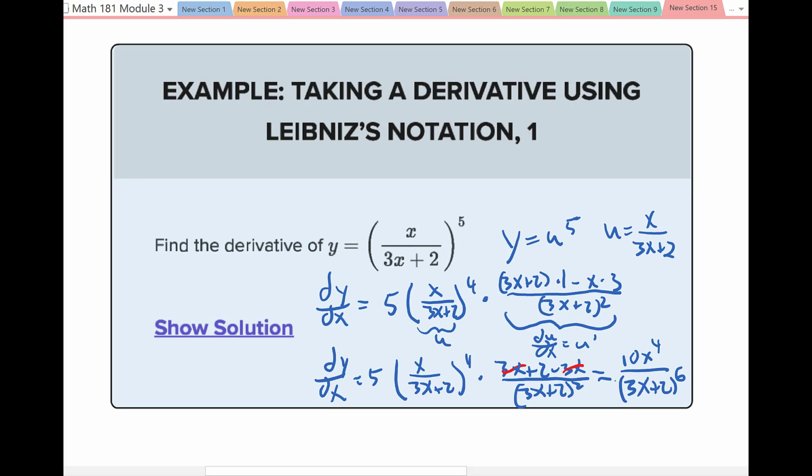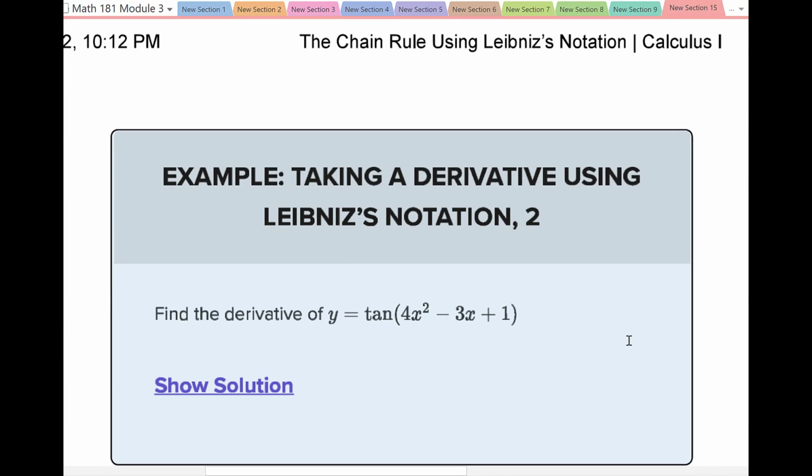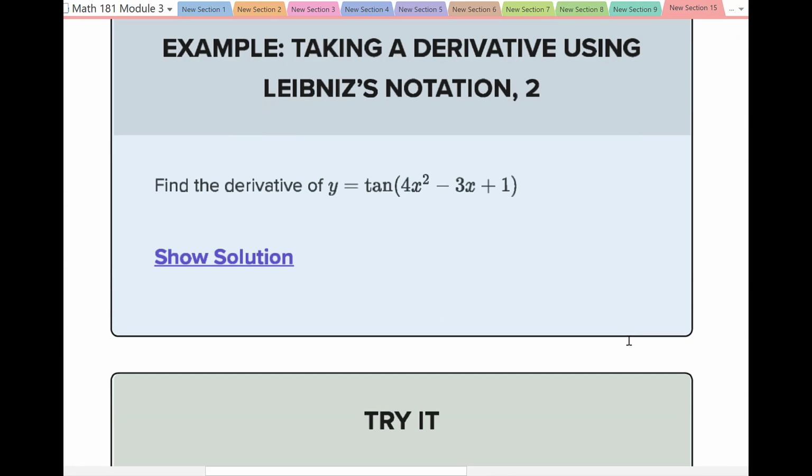Okay. Let's look at another one. We have y equals tangent of 4x squared minus 3x plus 1. In this, the y could be considered a tangent of u, and our u would be the 4x squared minus 3x plus 1.